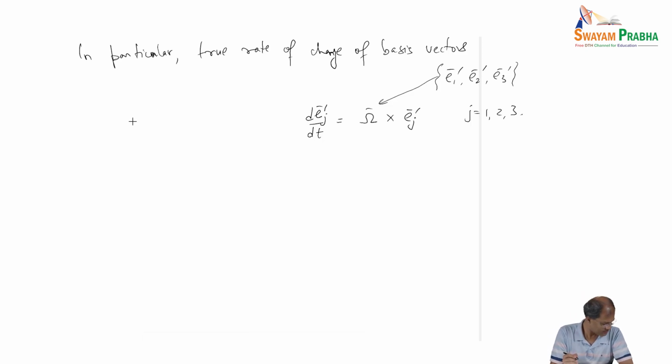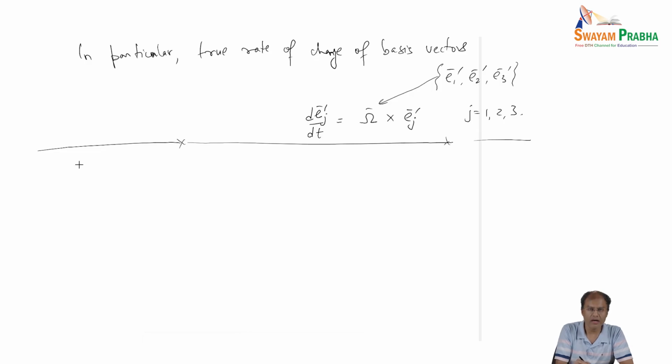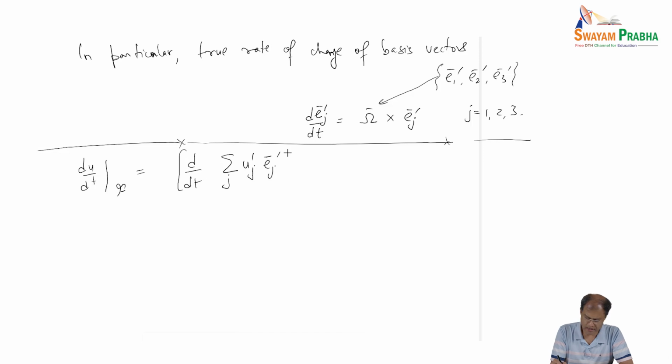Okay, so then if we were to now look at the relation again, our true velocity du/dt with respect to f is d/dt of the summation of uj prime ej prime, right? So this is with respect to f.